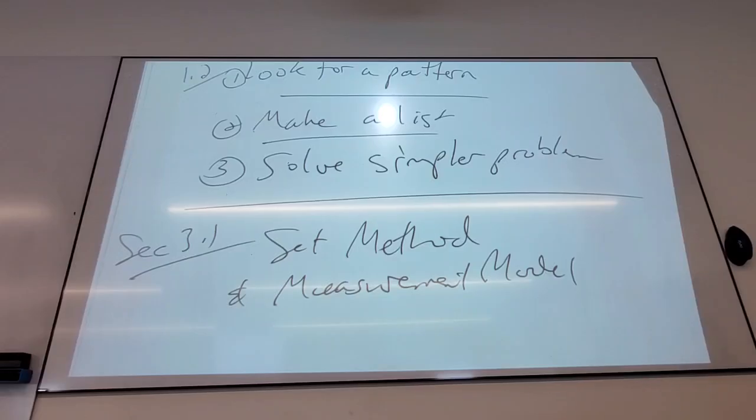Basically, the set method is literally just drawing a set, and we'll see some more examples of what that could mean today. Trying to remember if I forgot anything else. We went over a lot of little specifics. The properties, there's a ton of properties, and you guys remember associative, commutative, all that kind of stuff.